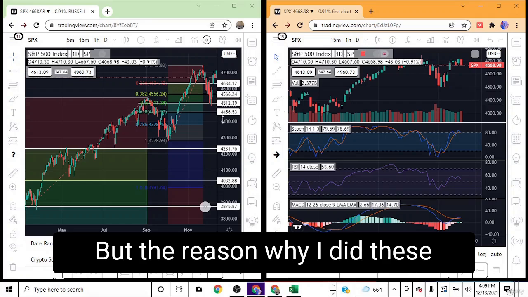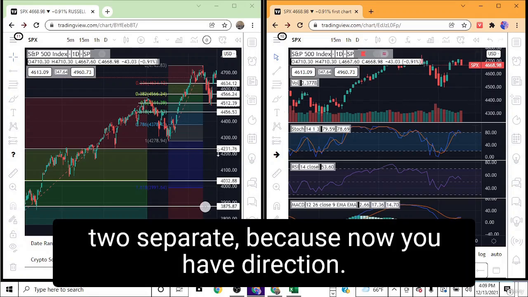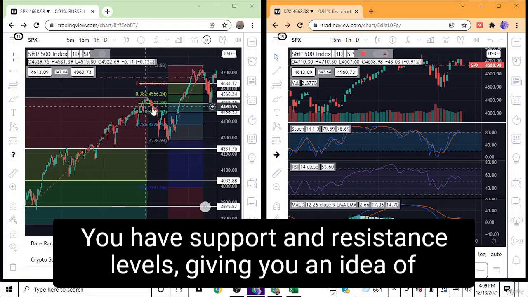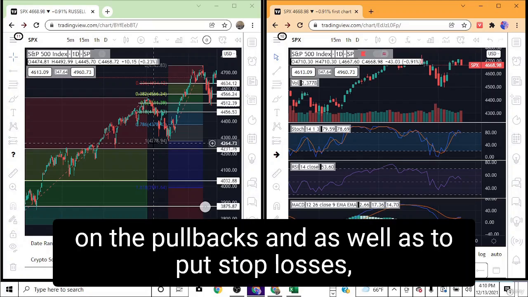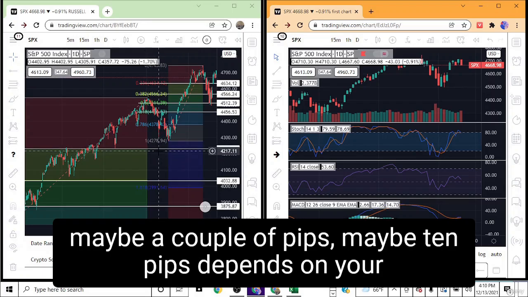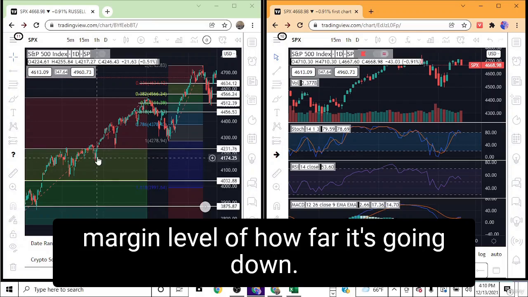The reason why I did these two separately is because now you have direction. You have support and resistance levels, giving you an idea of where to put your take profits, where to put your reversals on the pullbacks, as well as stop losses, maybe a couple of pips, maybe 10 pips, depending on your margin level and how far it's going down.